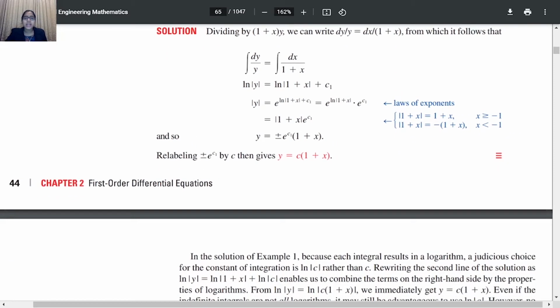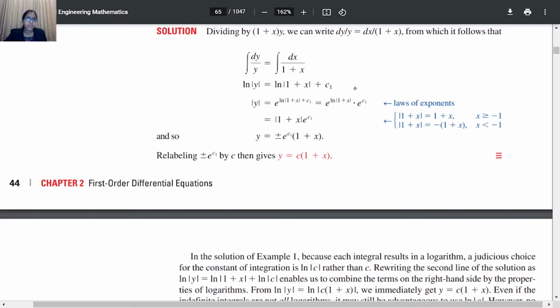As I mentioned earlier in the beginning, if I had replaced c1 with log of c1, then I will get e raised to log (1 plus x) into c1, and there will not be this much complication. We'll get log y equal to log of c into (1 plus x).